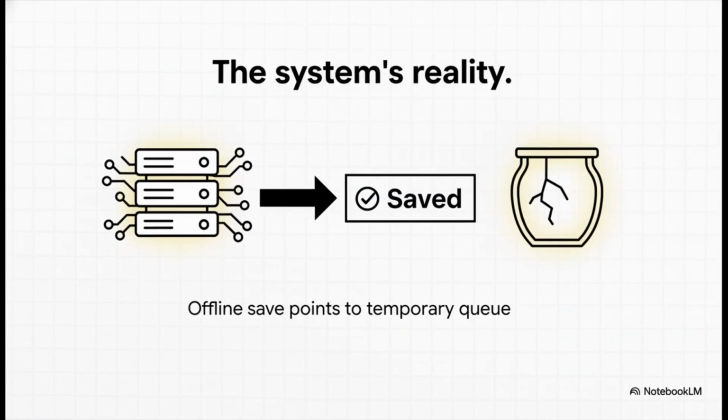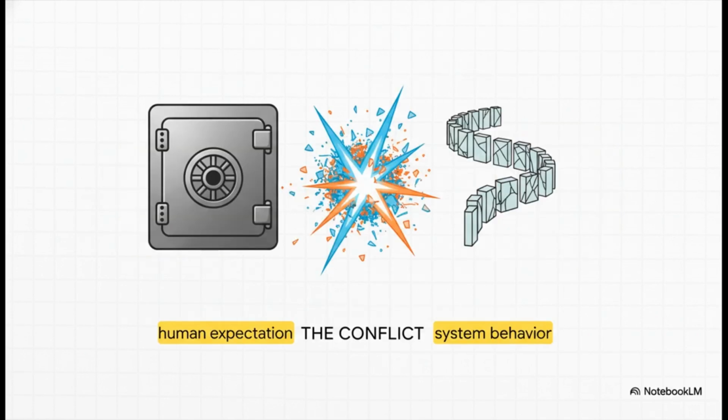For the system, when you're offline, saved just means, okay, I've put this on a temporary to-do list that could get erased, and I'll try to sync it later. So your data disappeared because you thought you had a rock-solid agreement, but what you actually had was a very fragile one. The app closed before that temporary list had a chance to become permanent. And that's it. That conflict between our human expectation and the system's hidden rules, well, that's why your work vanished.